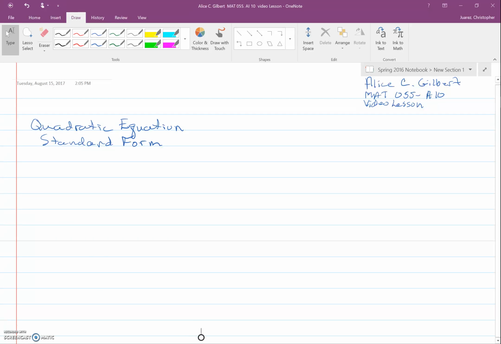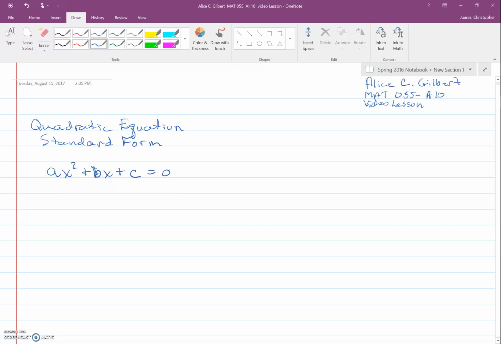Okay, so we will use this over and over all semester long, and every time I ask you what the standard form of a quadratic equation is, you need to say ax squared plus bx plus c equals 0.